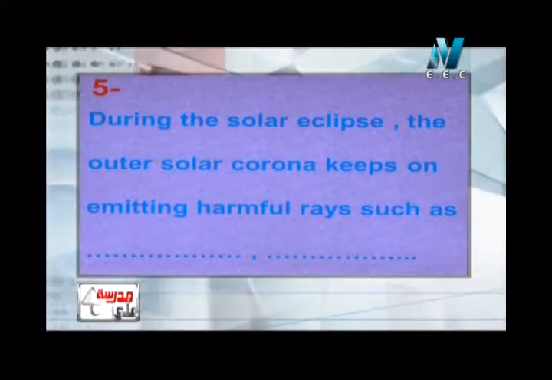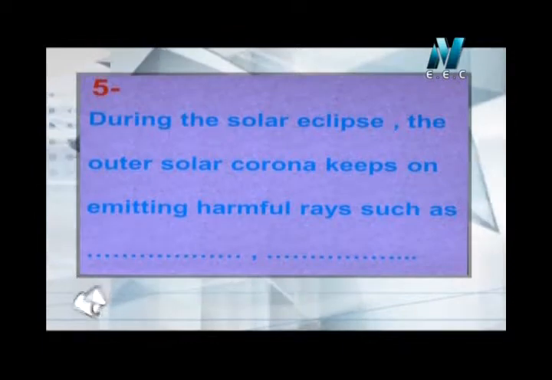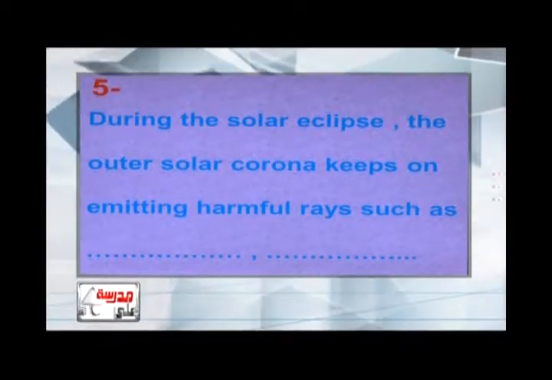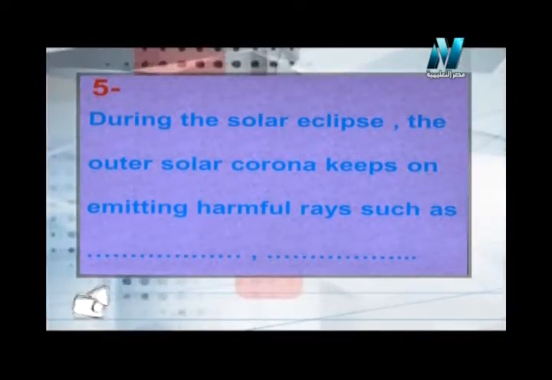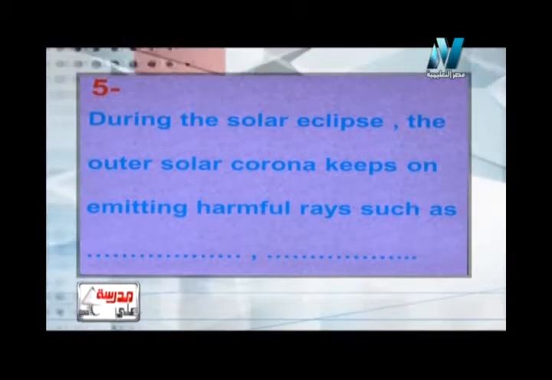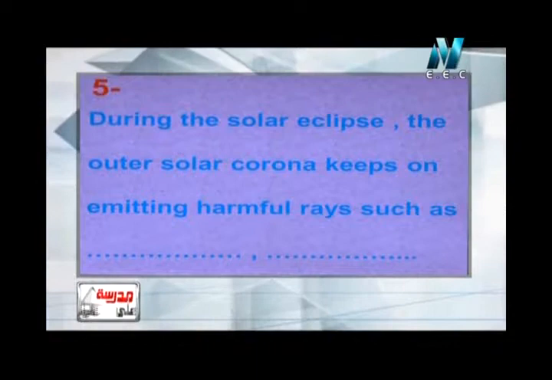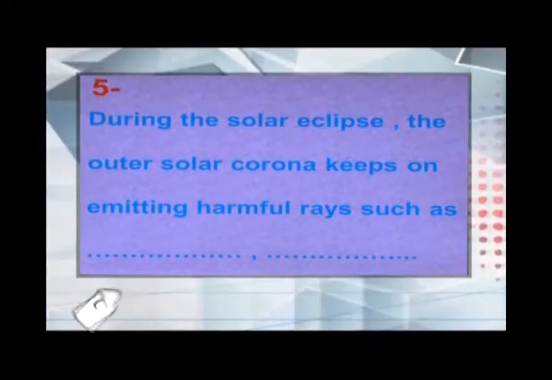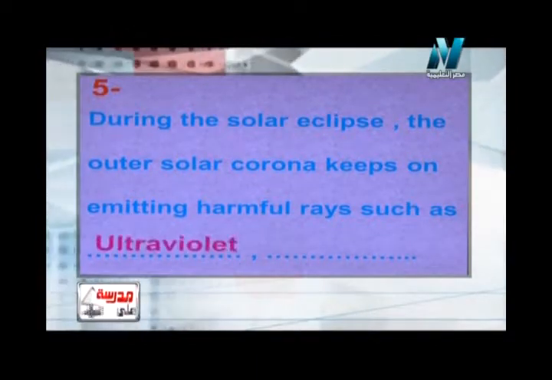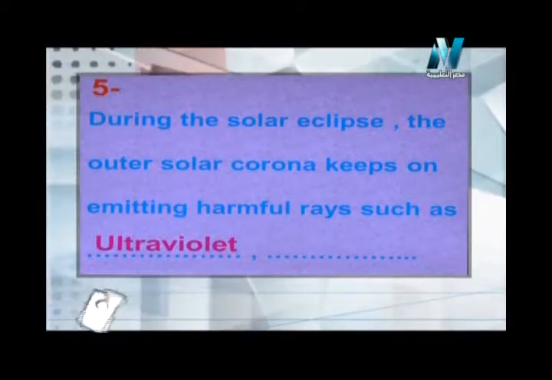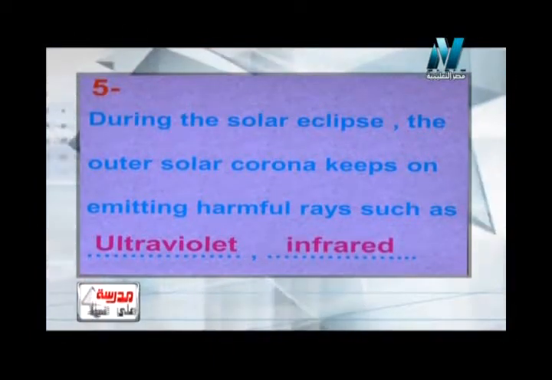So another question. During the solar eclipse, the outer solar corona keeps on emitting harmful rays such as what and what? So we know that there are harmful rays that come out from the sun during the solar eclipse, which are ultraviolet radiation and also infrared radiation.